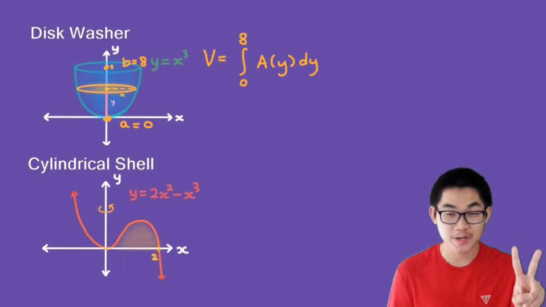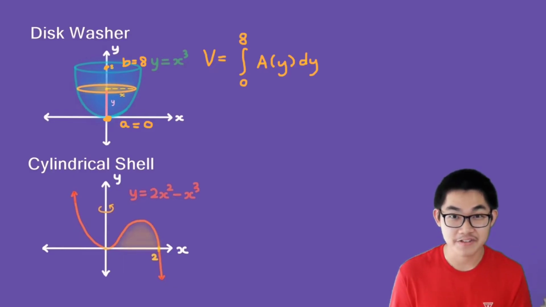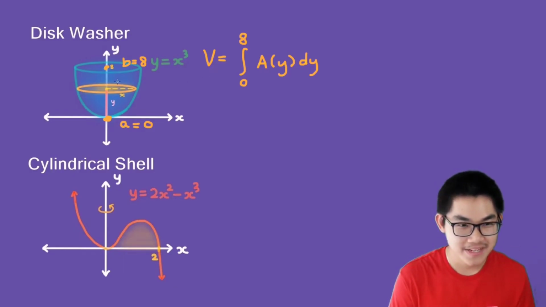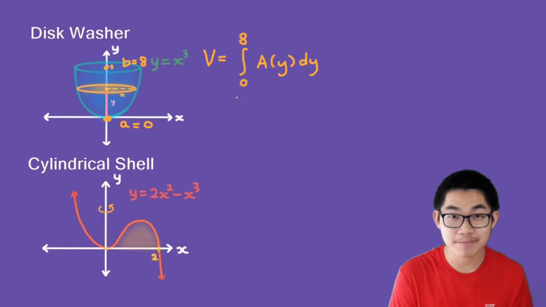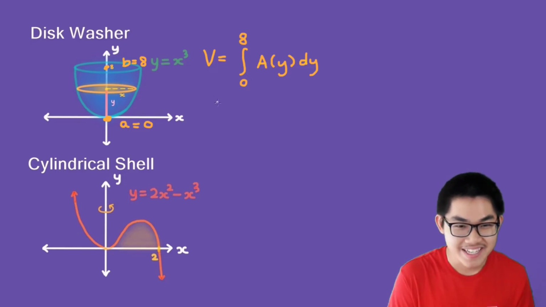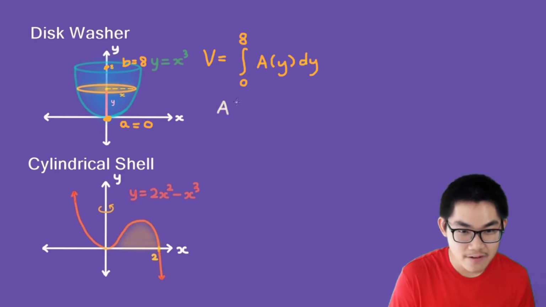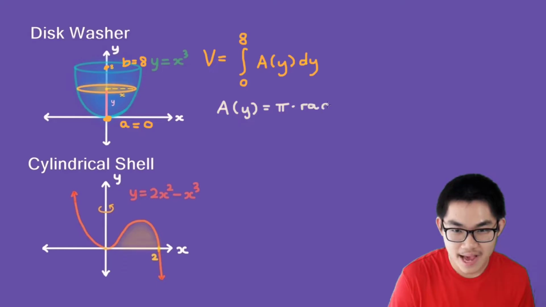Step number two is to find the area of the cross-section. Since the cross-section or the disk is a circle, then the area must be pi times the radius to the power of 2. So the area, A of y, is equal to pi times the radius to the power of 2.